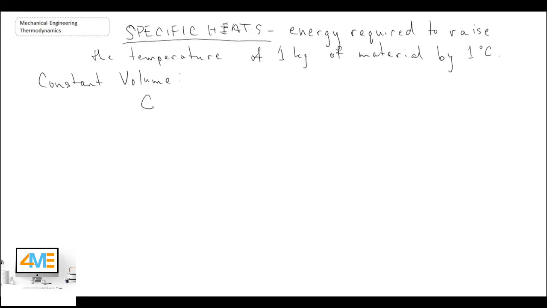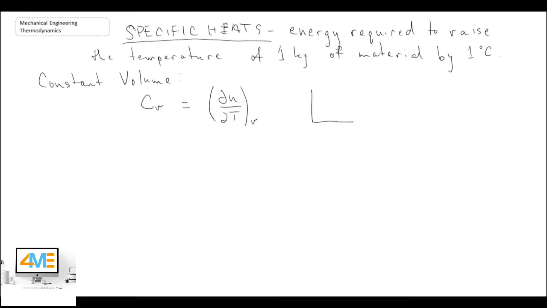So looking at specific heat at constant volume, we use capital C with a little subscript V. Specific heat at constant volume is defined as the partial derivative of the internal energy with respect to the temperature, and we will put a little bracket here with a V denoting the fact that that is at constant volume. So what would our system look like?